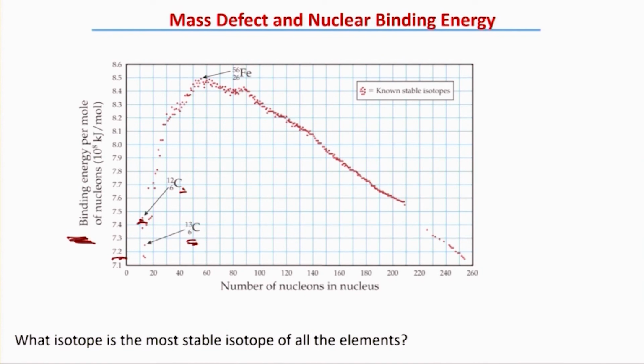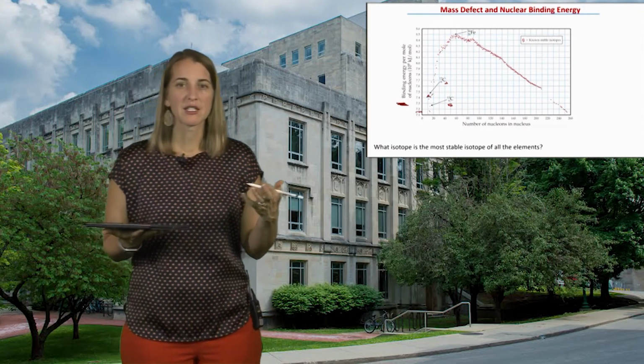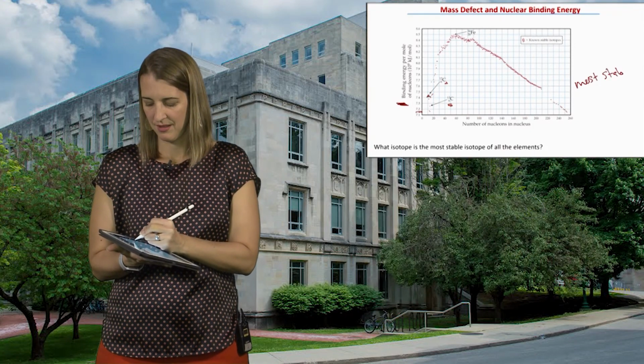I want to make sure you can see which isotope out of all of these you would say is the most stable isotope of all of the elements. Using this binding energy graph, can you pick out which one is the most stable? Most stable equals highest nuclear binding energy.